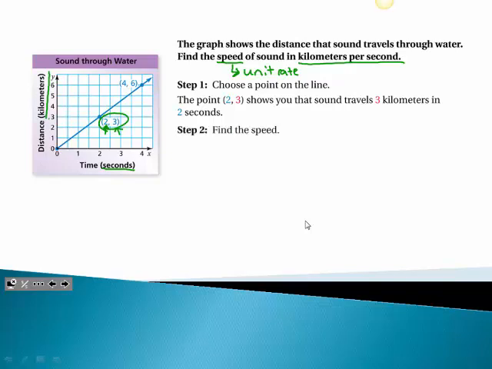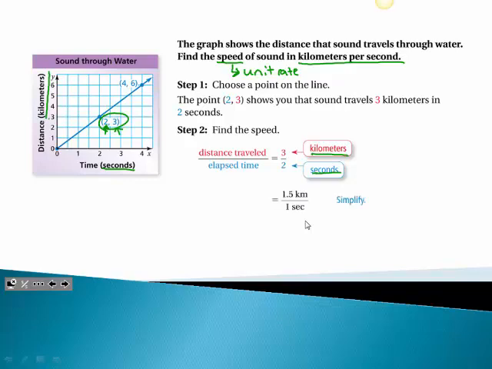So now that we have a point, we can find the speed. We can use that information that you just found by picking one point, and we can find the distance over the time, kilometers over the seconds. So it's 3 over 2. Now, again, we need a unit rate, so you need to divide the top and the bottom by 2.